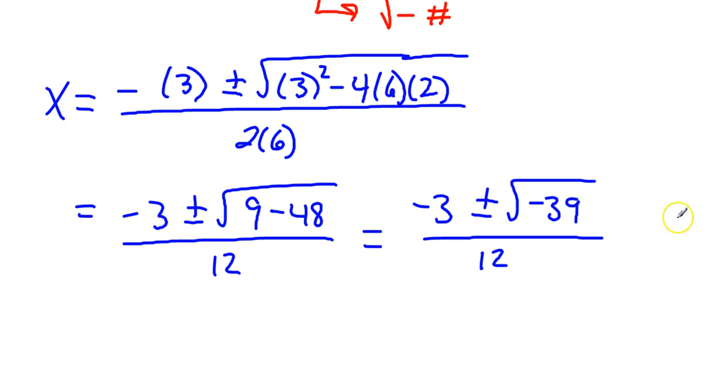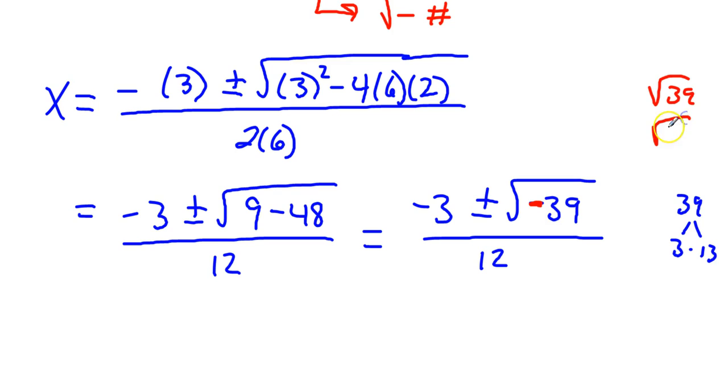Okay, and again, if you start to check on the negative 39, you can break it down. If you had 39, you could break it down as 3 times 13. But both of those are prime, so again, that one doesn't go any farther. That's all you can do. The only difference between the square root of 39 and the square root of negative 39 is that if 39 won't simplify, that's our answer.